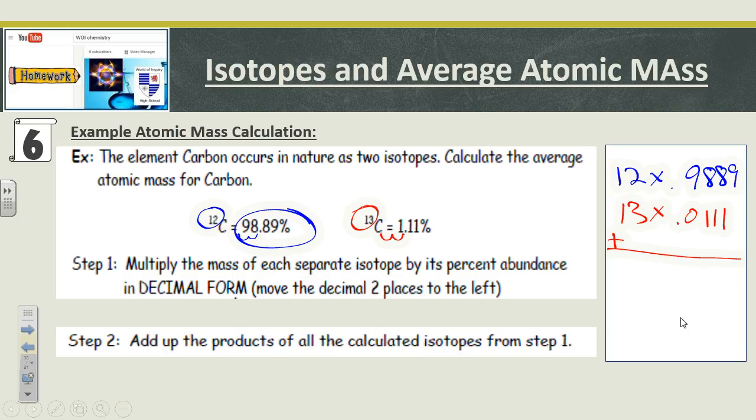When I get it set, I have 12 times 0.9889. Handy dandy calculator tells me that 12 times 0.9889 is 11.8668.